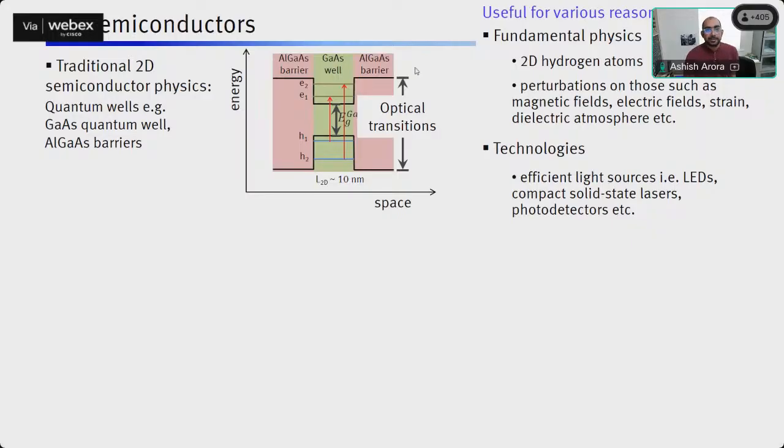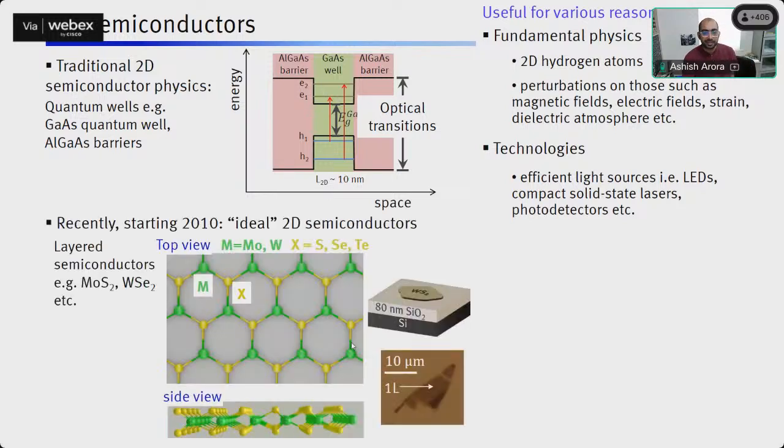But these quantum wells are difficult to create in the laboratory because they need some very specialized methods. But these days, for studying physics, we have something called two-dimensional semiconductors, which are essentially layered materials made of molybdenum and tungsten and sulfur, selenium, tellurium, some of these atoms.